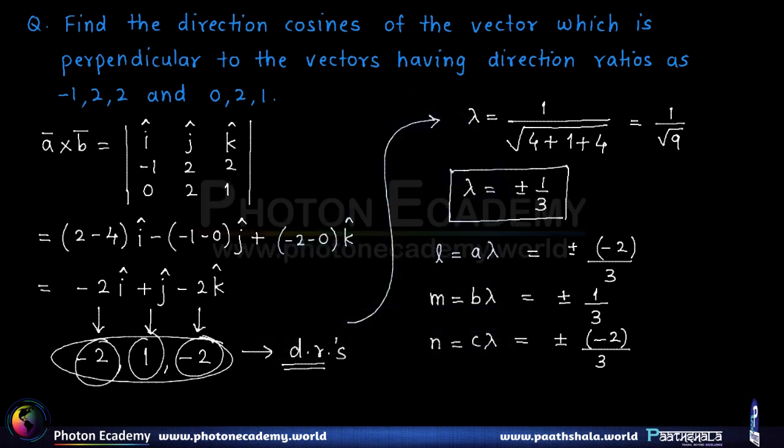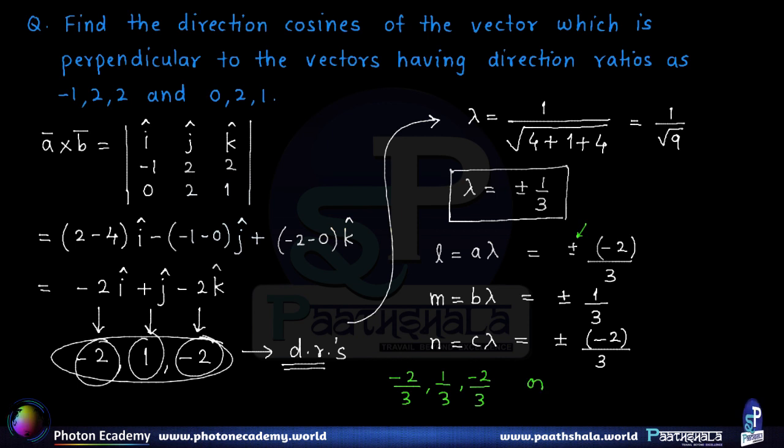So we get two sets. The first set, if you consider the plus sign, is -2 by 3, 1 by 3 and -2 by 3. The second set is by taking the negatives of all the values, which are 2 by 3, -1 by 3 and lastly 2 by 3.